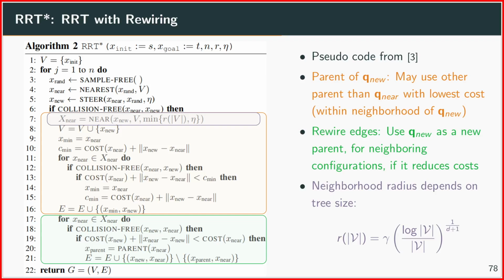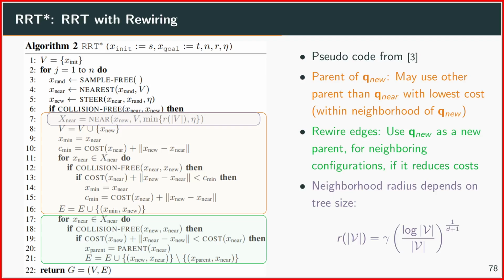So V here is the tree, and the absolute value of the tree is basically the number of nodes in your tree, and D is your dimensions. And lambda, I don't know how it's actually called, but this one is just a parameter where you can tune this a little bit.